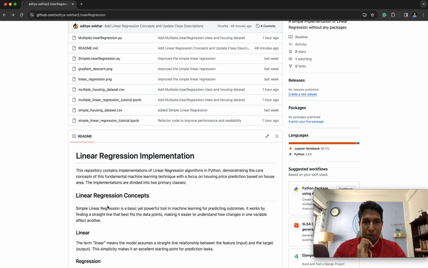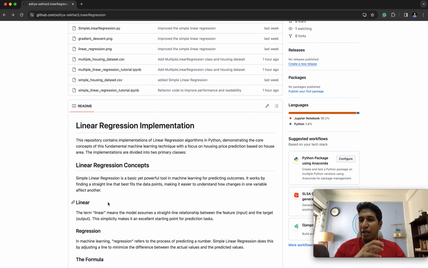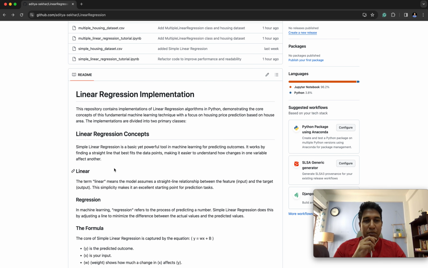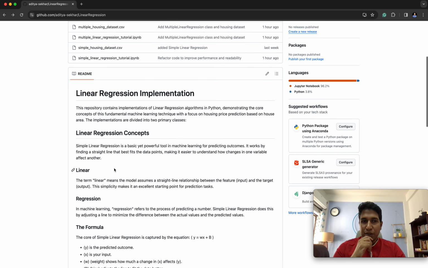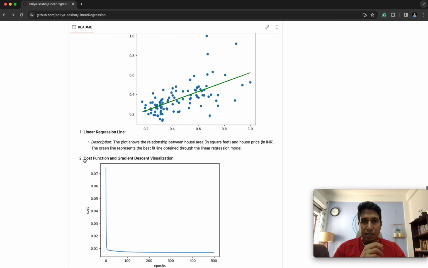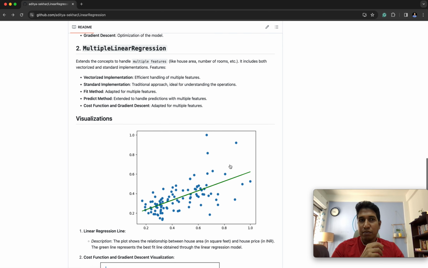Before we get in, I wanted to give a brief about what the linear regression model is. It was, I believe, one of the first machine learning models, and the main concept we could understand from the name itself. One is linear, so the idea is it's trying to plot a line through our data, so that whenever it sees a new value, it can predict what could be the outcome, right?